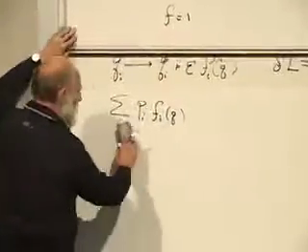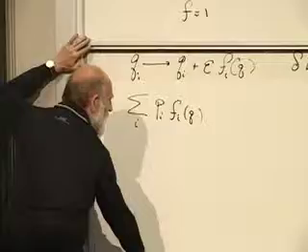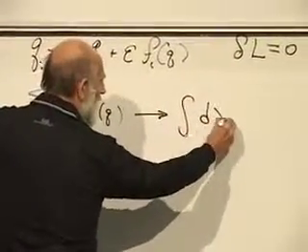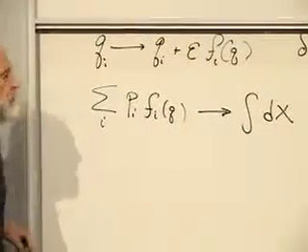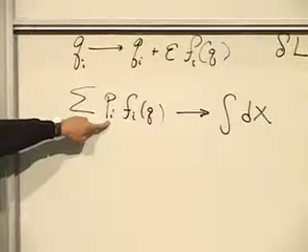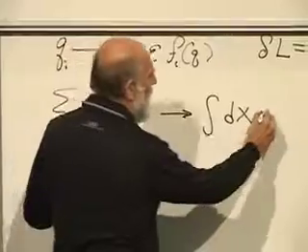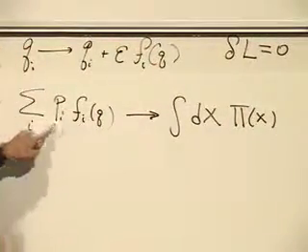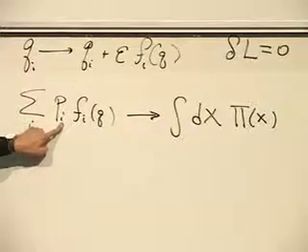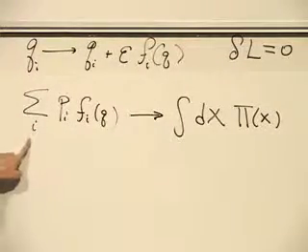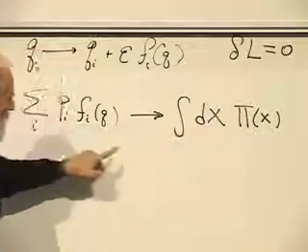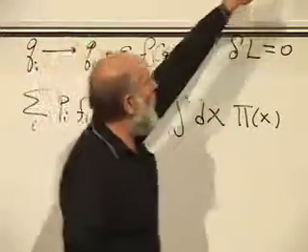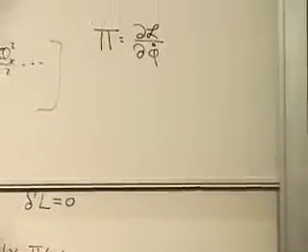And let's write out this Noether conserved quantity. In this case, the sum on I becomes the integral dx, and p sub I becomes pi of x, with pi of x being written up here.